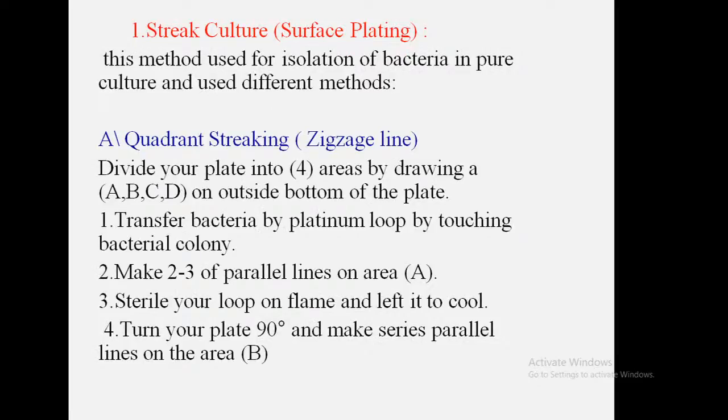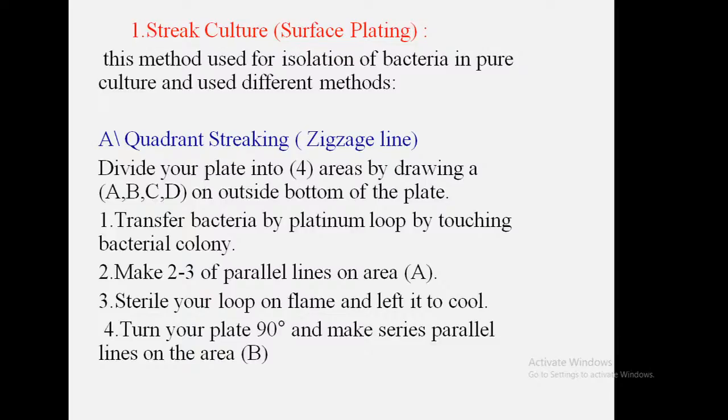The streak plate, also known as surface planting, is used for isolation of bacteria in pure culture, and it has a number of subtypes. First, quadrant streaking, also known as the zigzag line.